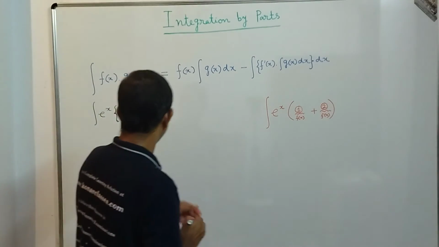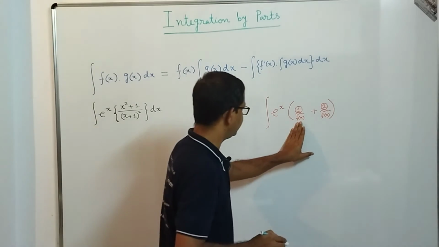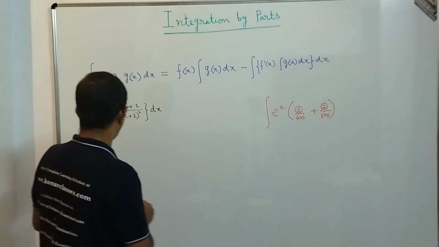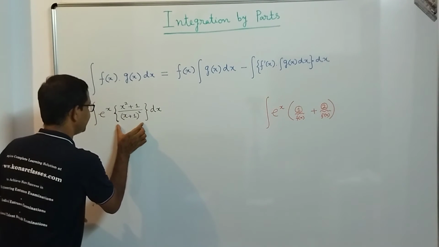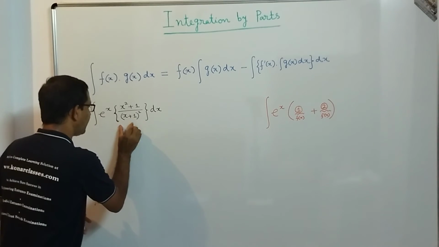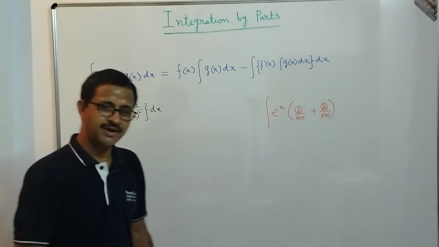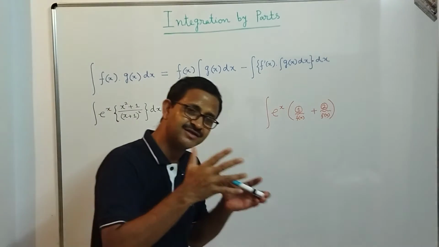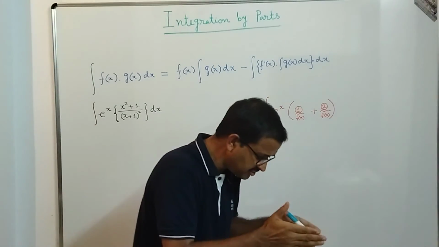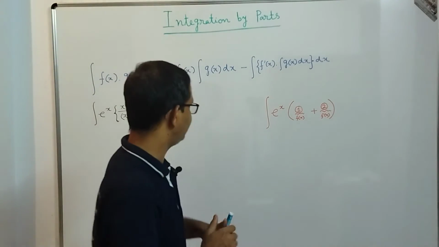If you see, it is not directly in the form I was telling, f x plus f dash x, but always you should think about this expression, that is x square plus 1 by x plus 1 whole square, and whether we can represent that expression in the form of a function plus its differentiation. Let's look into it. Okay.